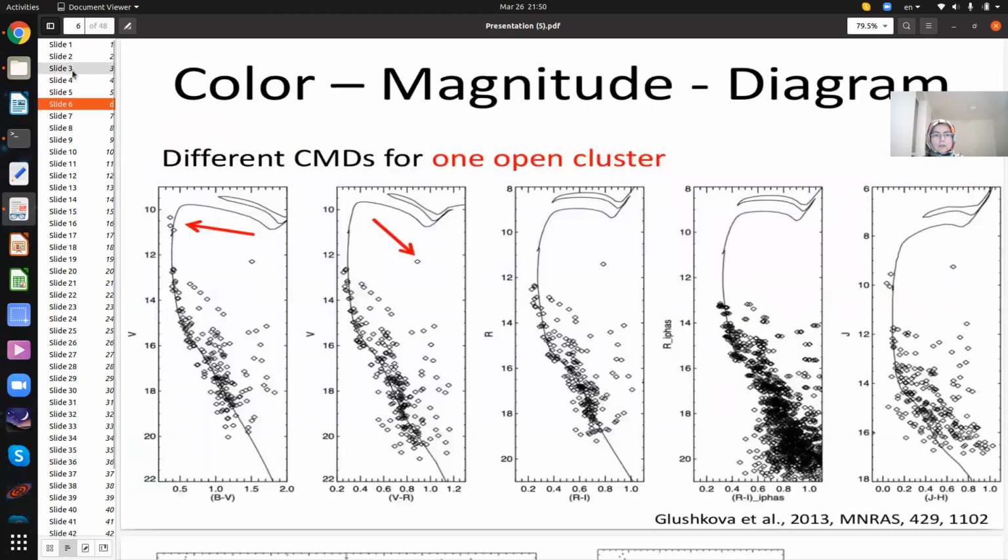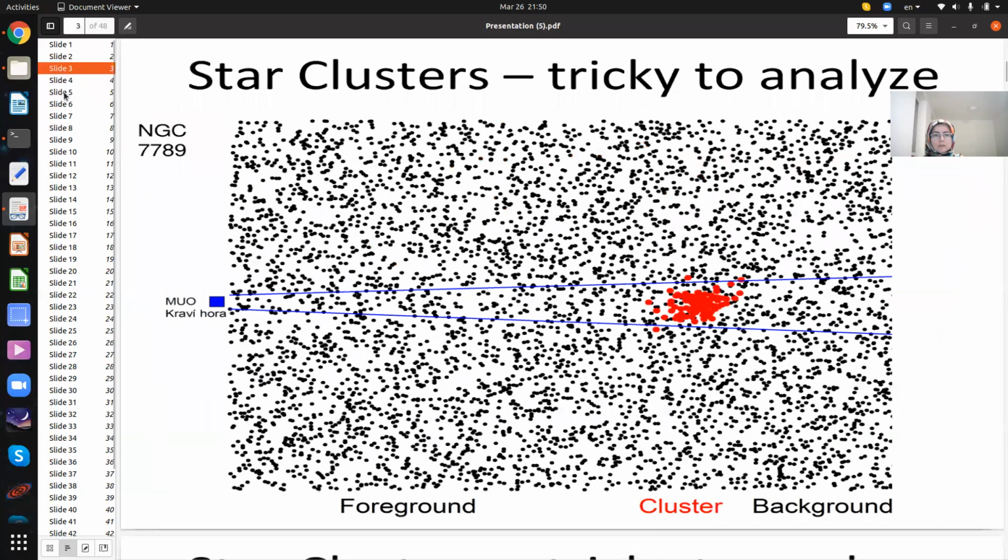And also for this one, we have parallax. Parallax means distribution, and by parallax we can measure the distribution, which the Gaia satellite does for us.